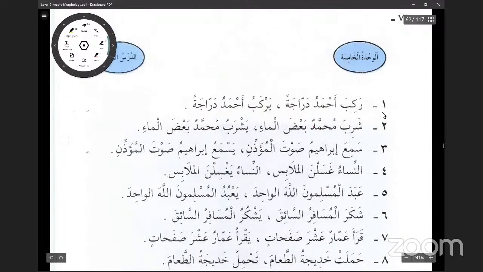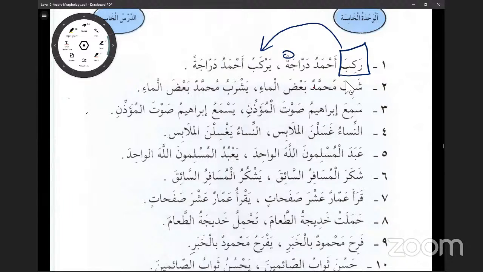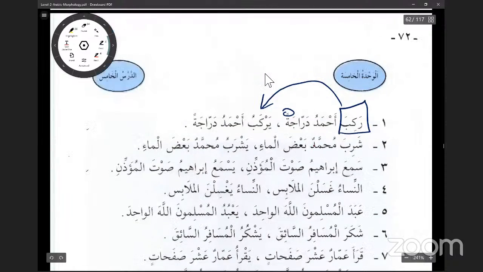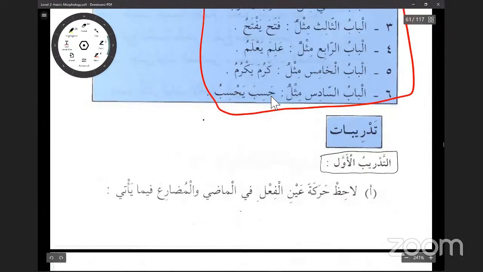I'll start off with number one. ركب أحمد دراجة. So Ahmed rode a bike. We say a bike and not the bike because it has tanween. يركب أحمد دراجة. Now we want to take this ركب and move it to مضارع, which they did for us. So if you look at the abwab, what we're supposed to do is match these with these, and also the wazn itself.